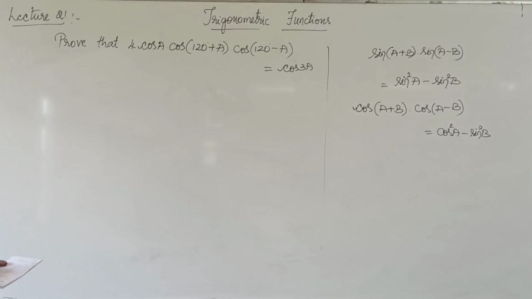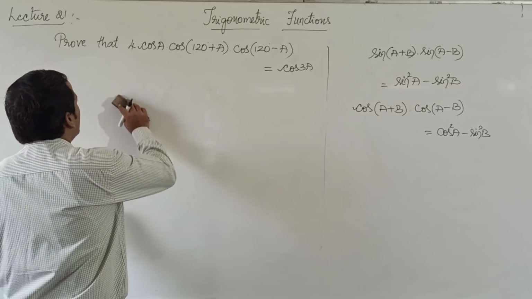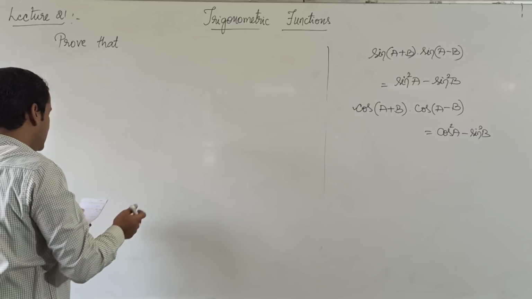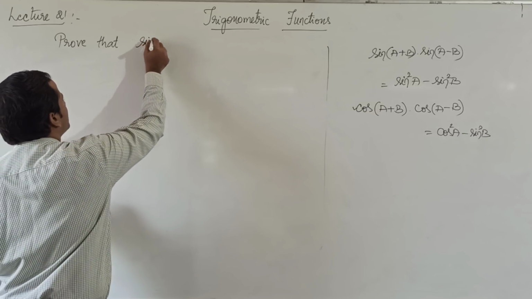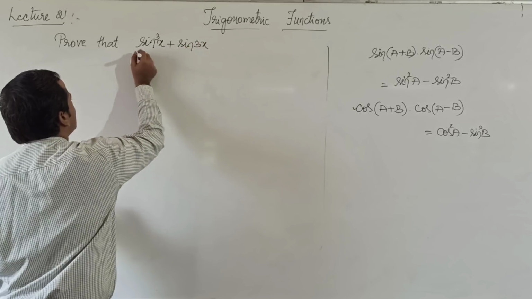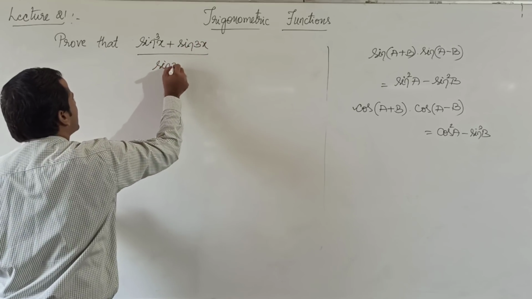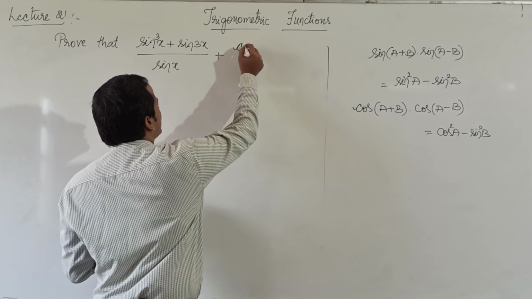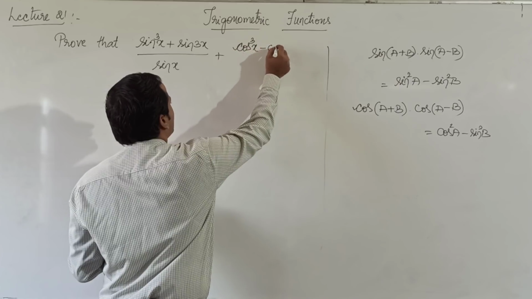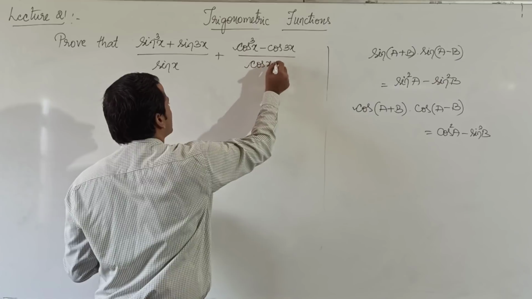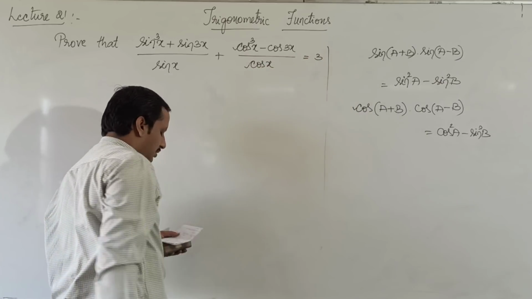Let's have a look at the next question. Prove that (sin cube x plus sin 3x) divided by sin x, plus (cos cube x minus cos 3x) divided by cos x, is equal to 3.